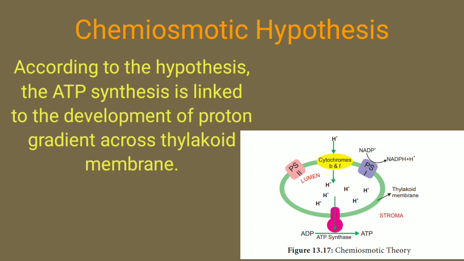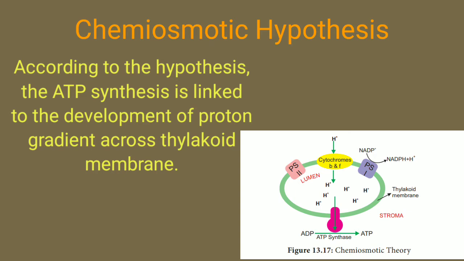The ATPase complex is where the ATP synthase enzyme is present, and this is generally present in the non-appressed portion of the thylakoid membrane, particularly towards the margin. During photosynthetic electron transport, these hydrogen protons accumulate in the thylakoid space and their concentration increases.